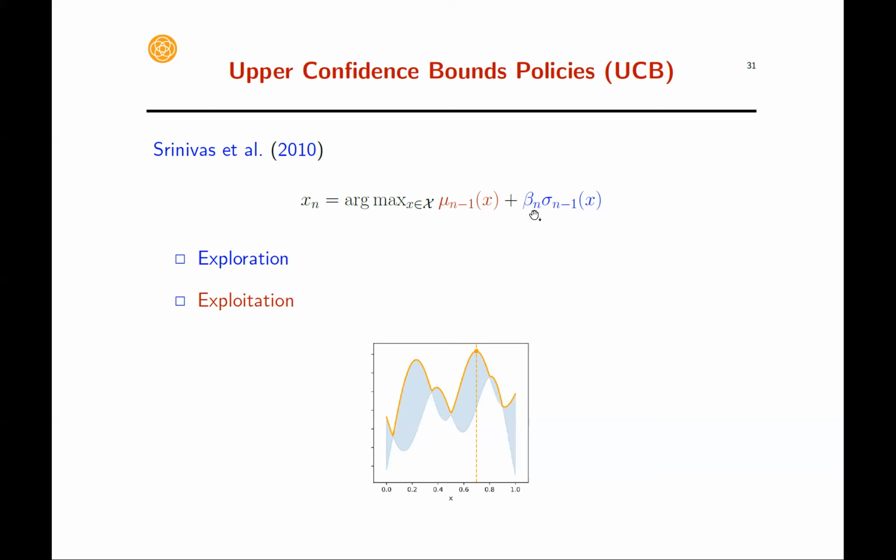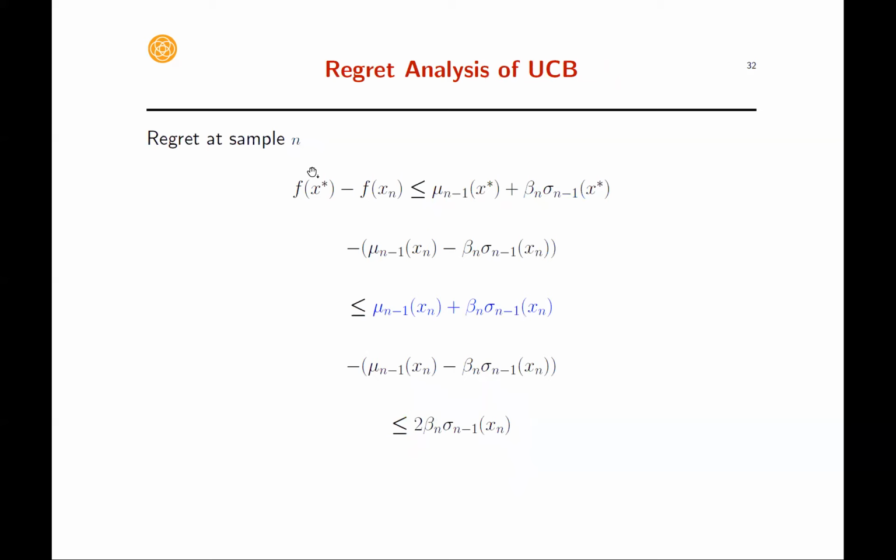I'm not specifying this beta_n because there are little things to be considered regarding the union bound over time and over x. But let's say this is a confidence interval that holds, an upper confidence bound, to make the analysis a bit simpler. So then what we have for regret at sample n, the loss at sample n, f(x*), the maximum, minus f(x_n), we can upper bound by the upper bound on f(x*).